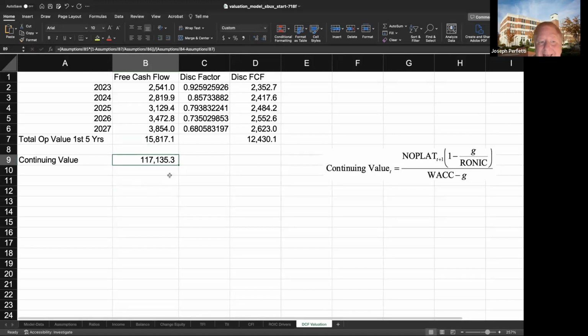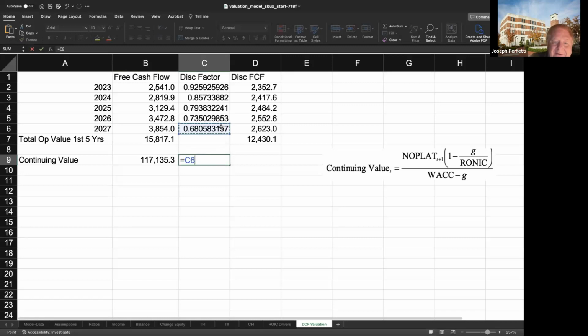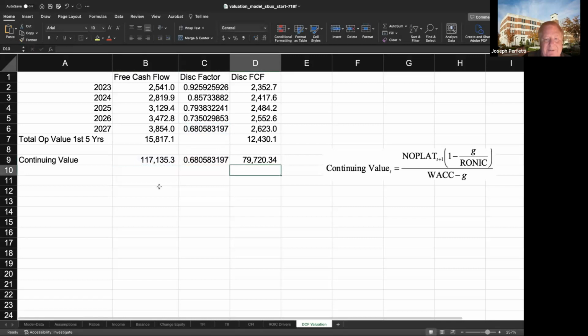But the problem is that's at the beginning of year 6, and I need to present value that. Because year 6 has already been discounted, this is the beginning of year 6, I use the same discount factor, basically discounting it 5 more years to bring it back to today. That times this, because I don't want to double discount that year 6.